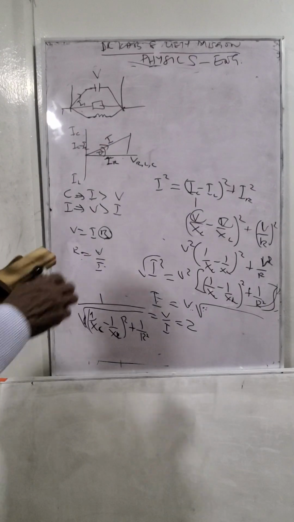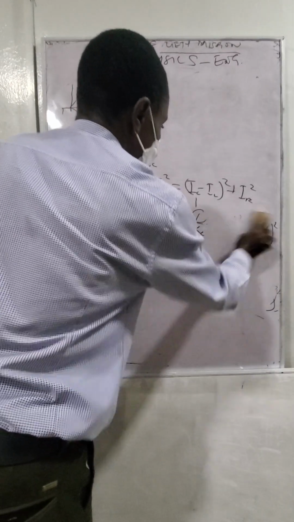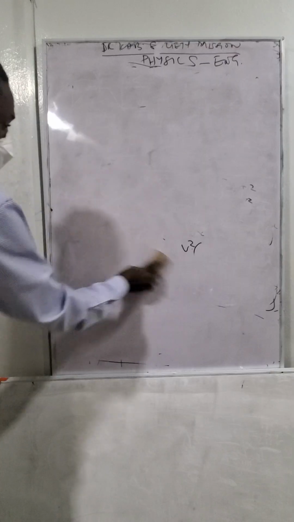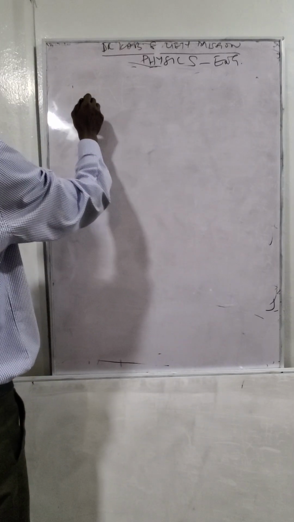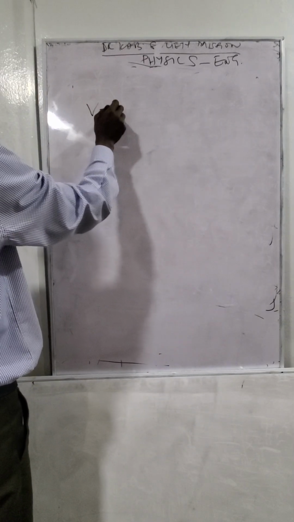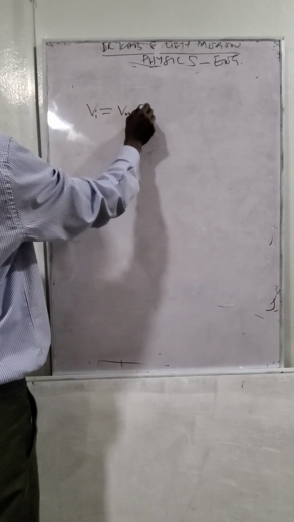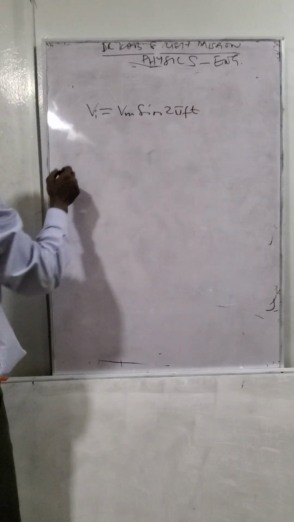The last bit I want to add is, when we did the calculation for V, we said we need instantaneous V equal to V max sine 2 pi f t.